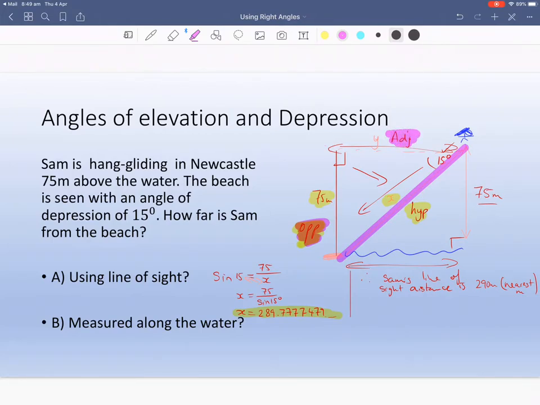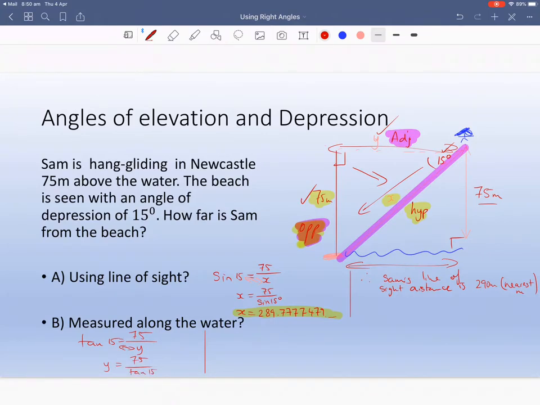So which trigonometric ratio am I going to use now? Hopefully you said tan, so I'm going to go tan 15 equals opposite over adjacent. The opposite in this case is 75. And the adjacent is the y, which we need to find. And we have exactly the same scenario as we've had here. So I'm going to swap these two. So I'm going to get y equals 75 over tan 15.